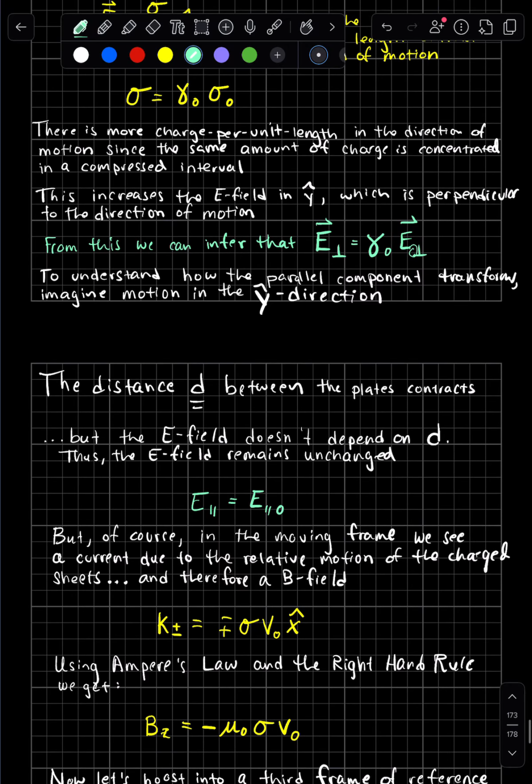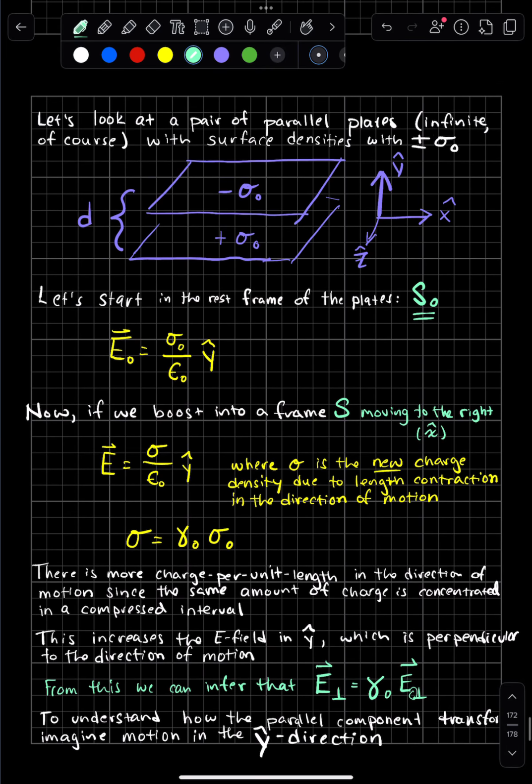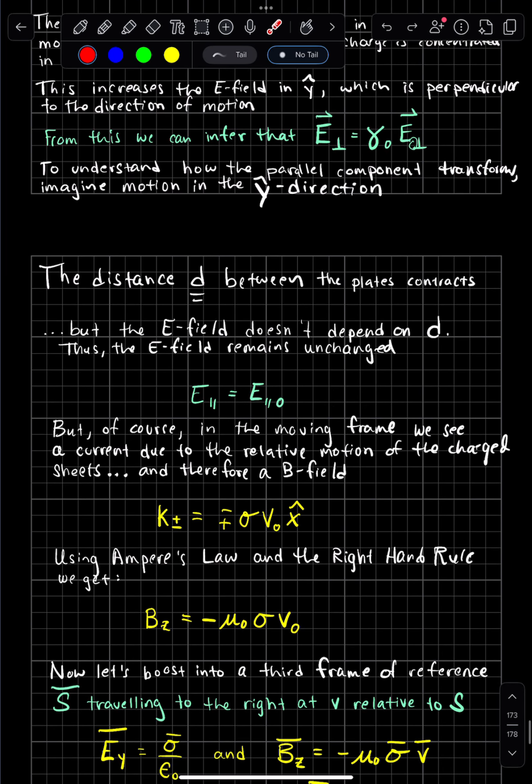Now, to understand how the parallel component of the E field transforms, it's instructive to think about what happens if we are traveling in the direction parallel to the E field, which is perpendicular to the plates. Well, what would happen?